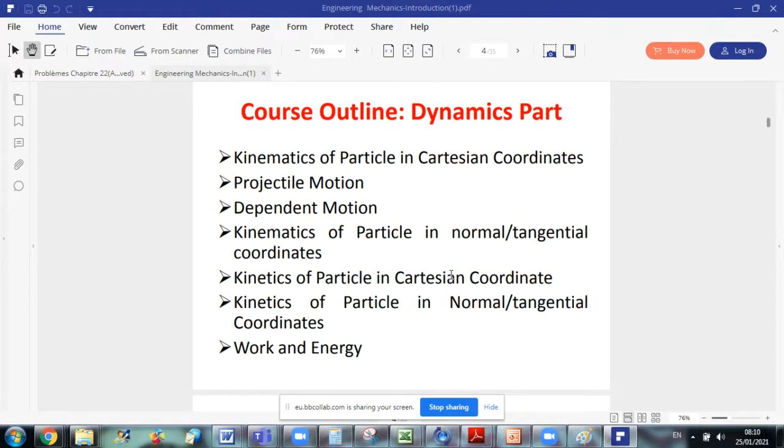And of course, we will do it also in two types of frames, in Cartesian coordinates and normal tangential coordinates. And finally, we will look at the chapter of work and energy, which will relate work of forces to the energy of the particle. So this is in summary our plan for this course.